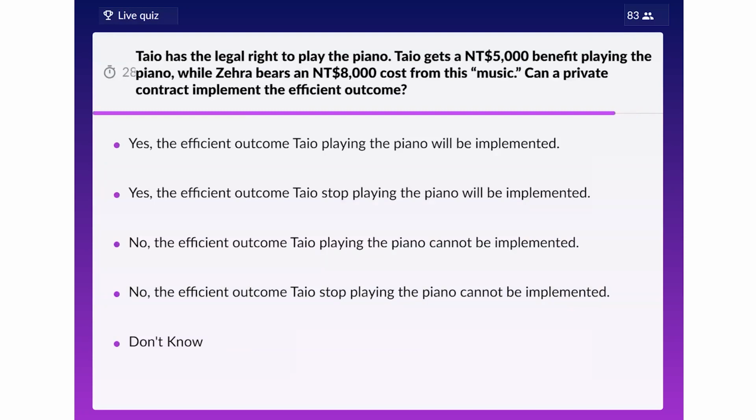Tao gets a $5,000 benefit for playing, while Zara has to pay $8,000 to bear with this music. So can a private contract implement the efficient outcome? Either yes, Tao playing the piano will be implemented, or yes, Tao stopping will be implemented, or no on each case.